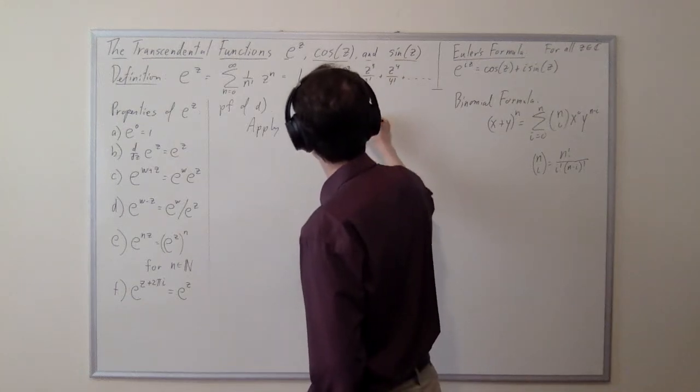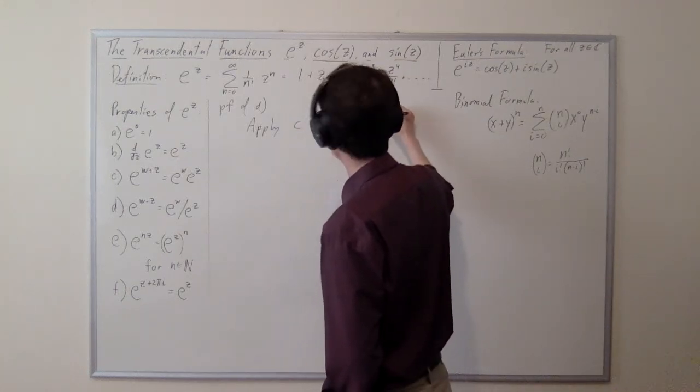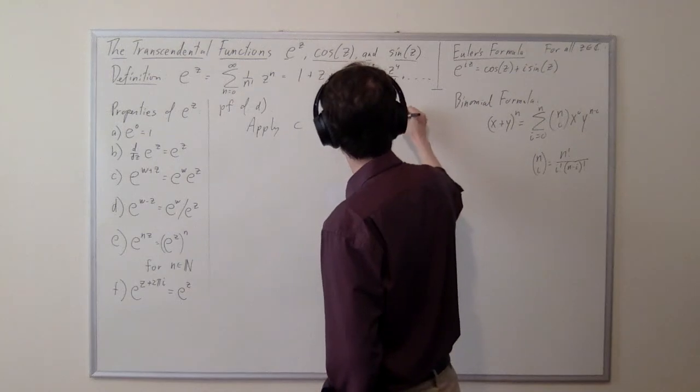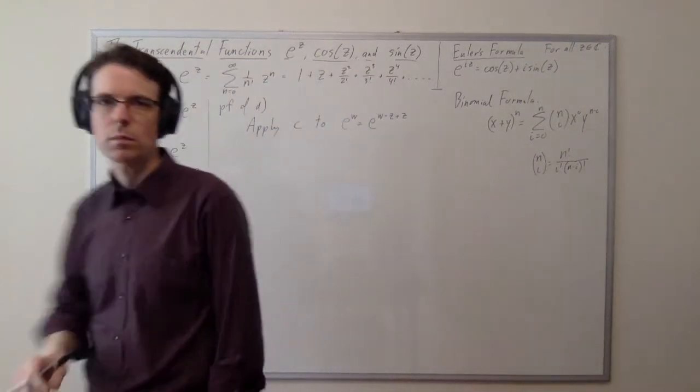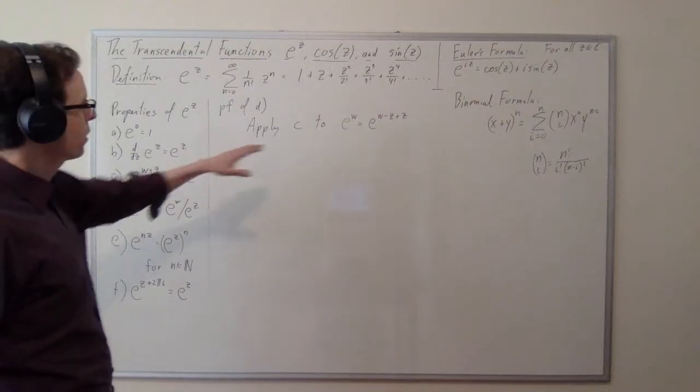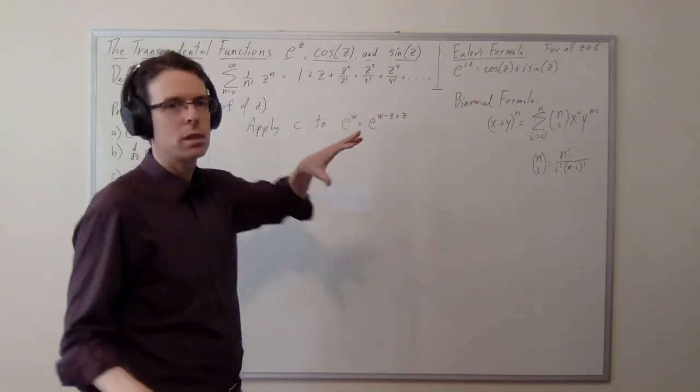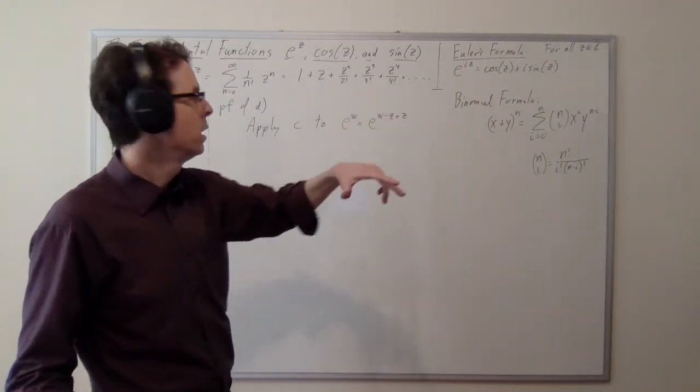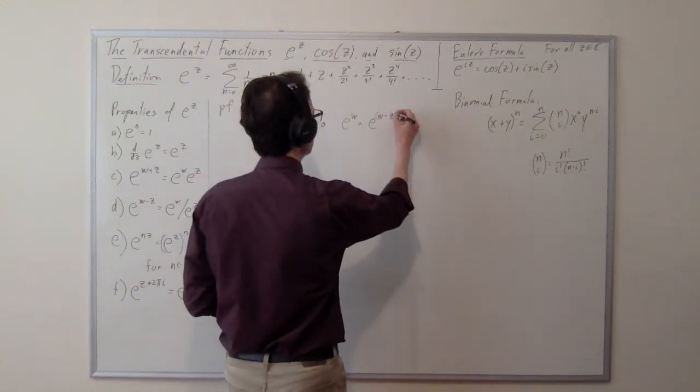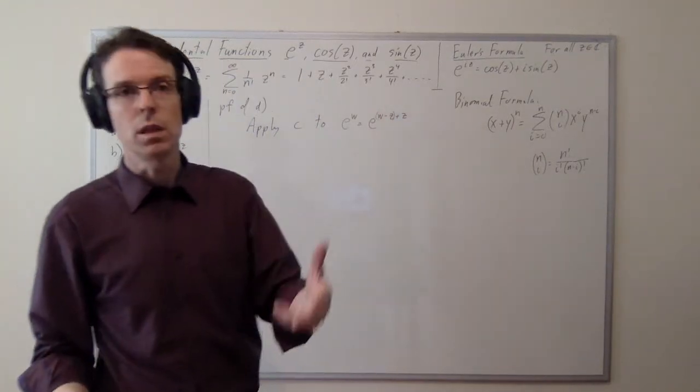So e to the w is equal to e to the w minus z plus z. In other words, I'm going to think of e to the w itself as a sum, and the sum that it is is w minus z and then z.